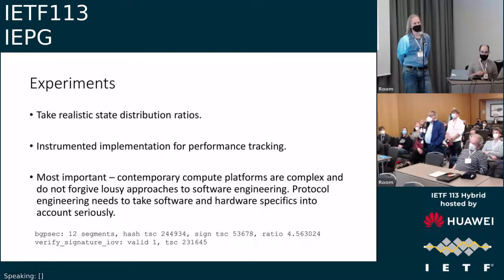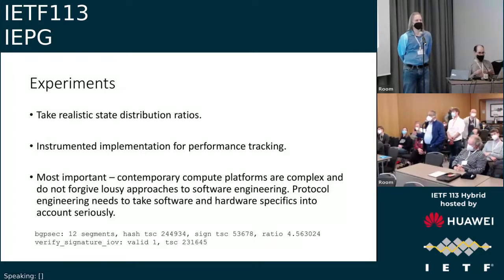But the word specifics bothers me. I think there are principles. For example, the last thing you said about taking the AS number and putting it at the end instead of the beginning. I have no clue what you were talking about, but that seems to be a change that is independent of specifics. And so we need to really look at how we can improve, whether it's wire formats or processing in the forwarding path.